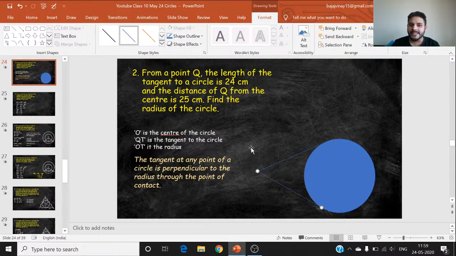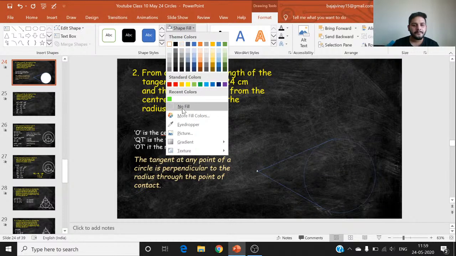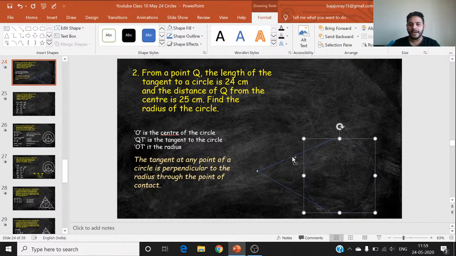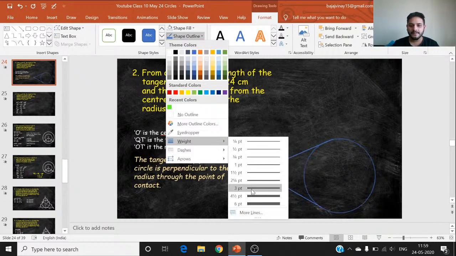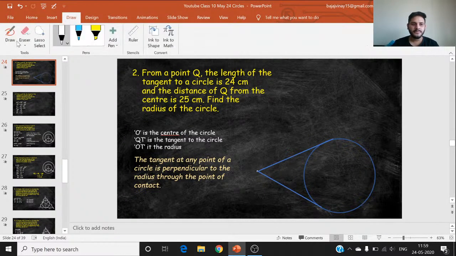Now, reading the question again, from a point Q. Let me just draw it for you all. This is the point Q. The length of the tangent to the circle is 24. So I say this is 24.